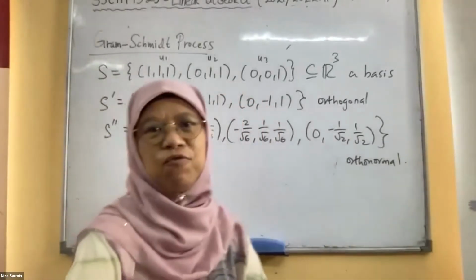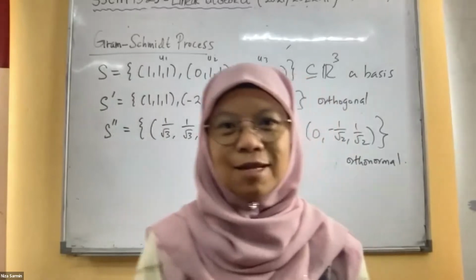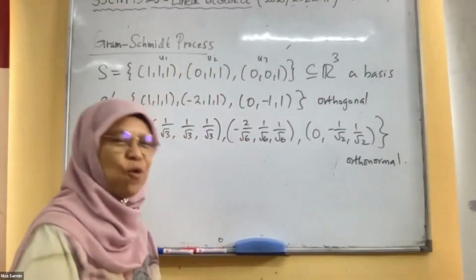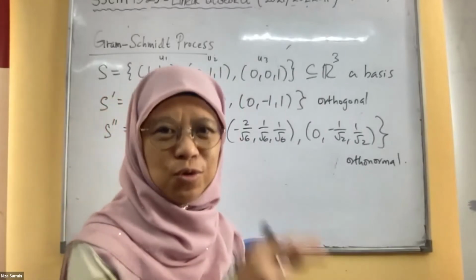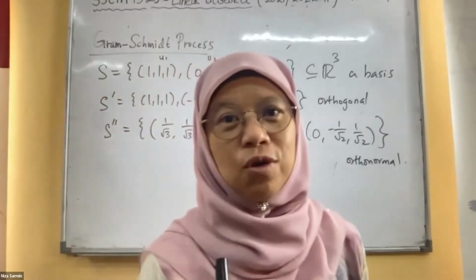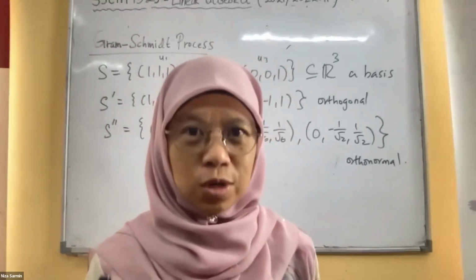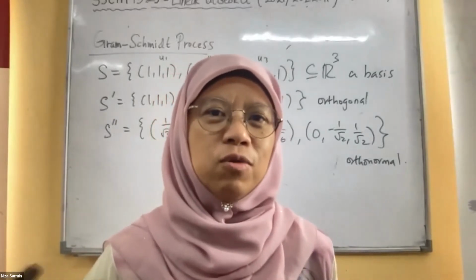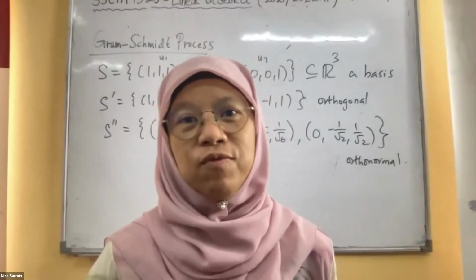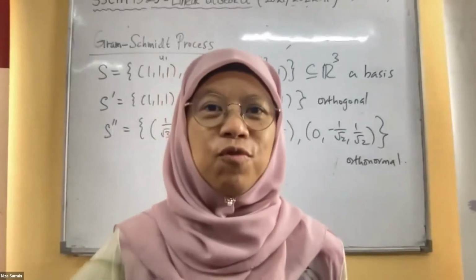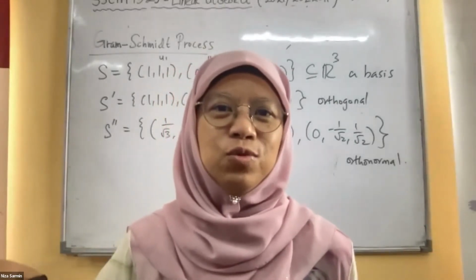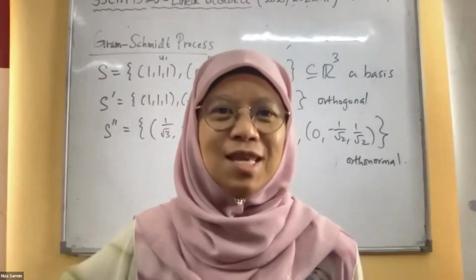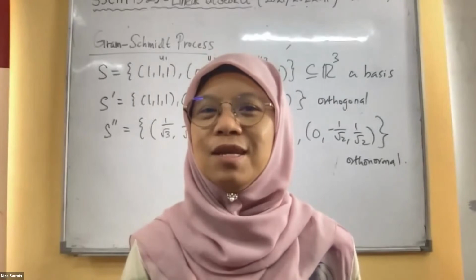Imagine if I have 4 vectors, then you have to do it once more. U4, right? Then you continue. V4 equals U4 minus (U4 dot V1 over V1 dot V1) times V1, minus (U4 dot V2 over V2 dot V2) times V2, minus (U4 dot V3 over V3 dot V3) times V3.